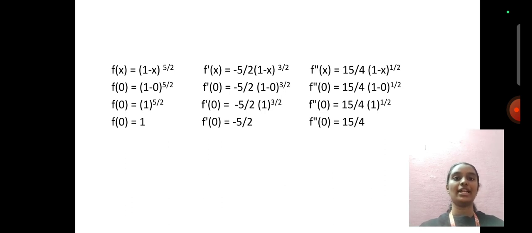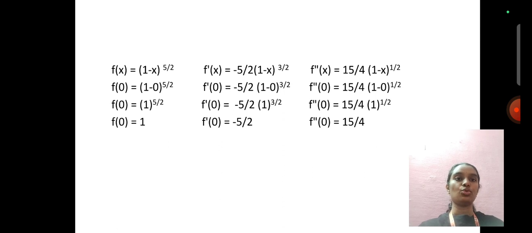When we differentiate f(x), using the formula d/dx of x^n = n x^(n-1), we get f'(x) = -5/2 (1 - x)^(3/2). Then f'(0) = -5/2 (1 - 0)^(3/2) = -5/2 times 1^(3/2), and 1^(3/2) is 1, so f'(0) = -5/2.